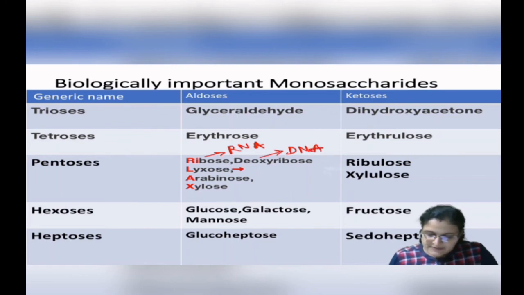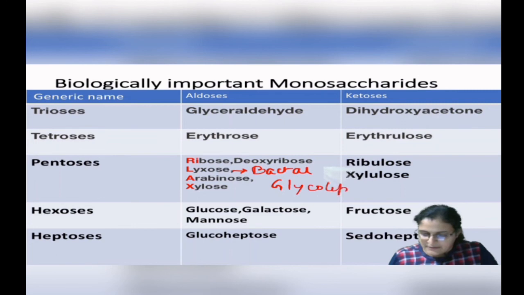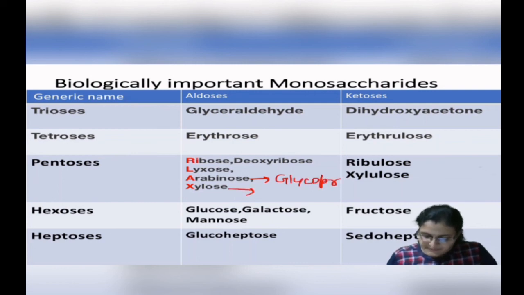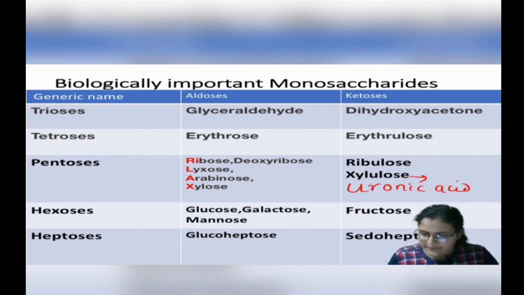Then lyxose is present in bacterial glycolipid, L for L. Then arabinose, it is present in glycoprotein. Xylose is also present in glycoprotein. Then xylulose. Xylulose is a constituent of uronic acid pathway.